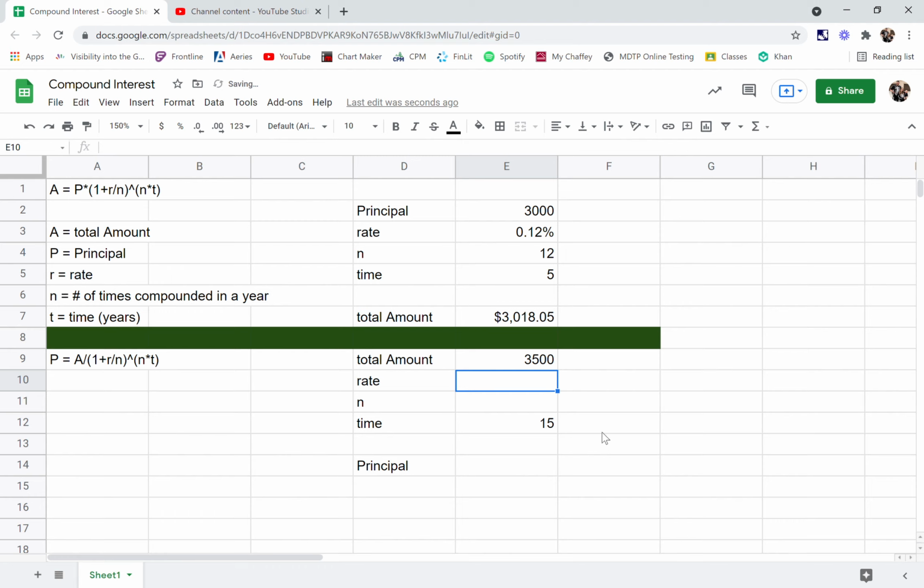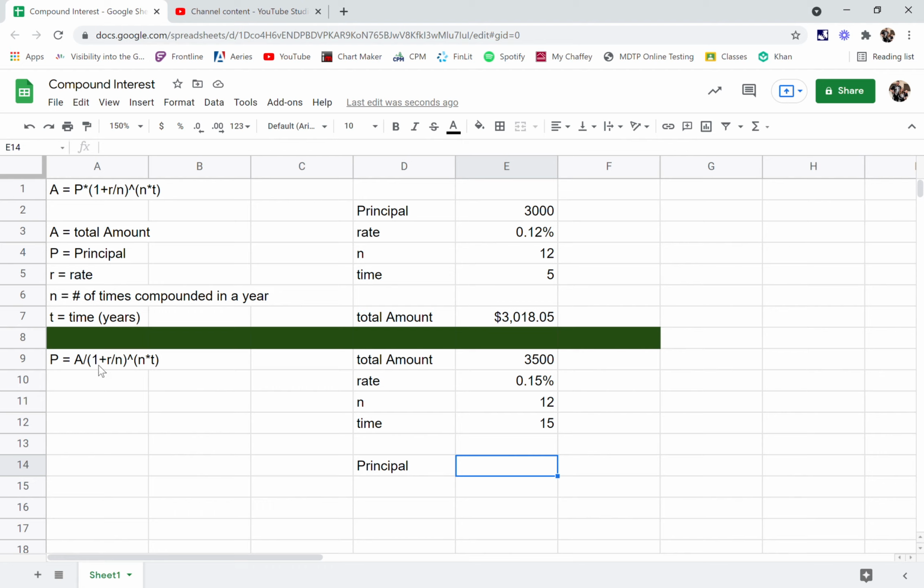We found a savings account or some sort of savings account that offers 0.15%, a little bit more than before, and it is compounded, let's just say monthly again, 12 times per year. With that information, how much money do we need to deposit right now?